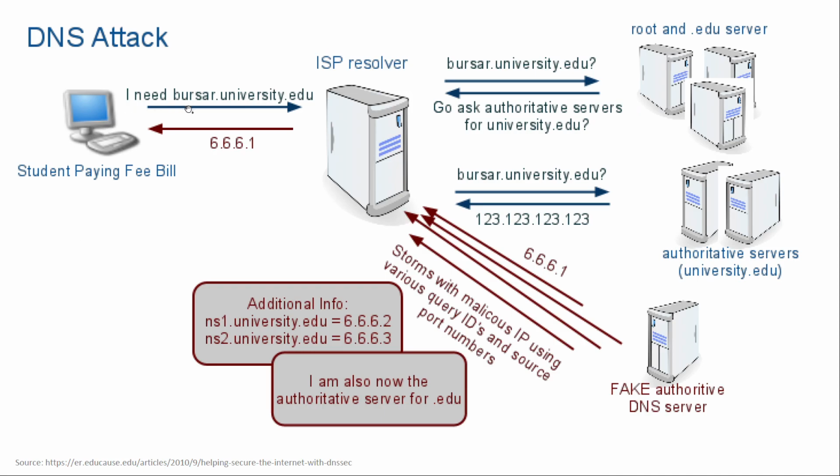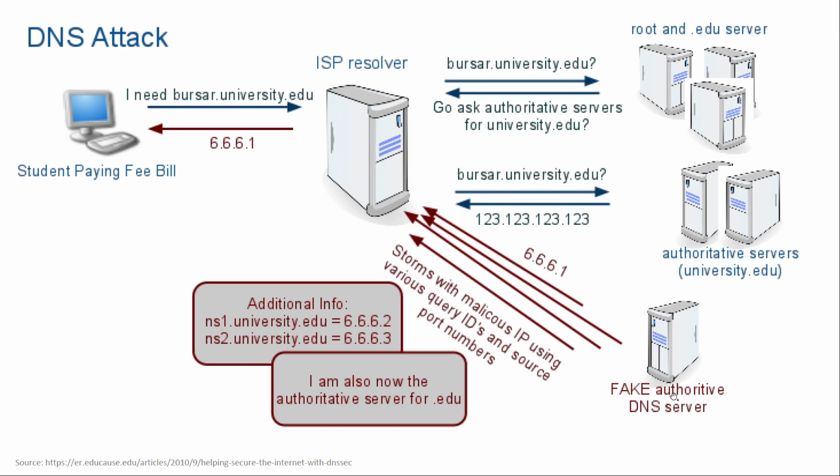Maybe as a student you want to know the IP address of a university domain name. So you send it to the ISP resolver. It asks the root servers, and they don't have it, but say go ask the authoritative servers for university.edu, and if the ISP asks the authoritative servers, it will get the correct result.